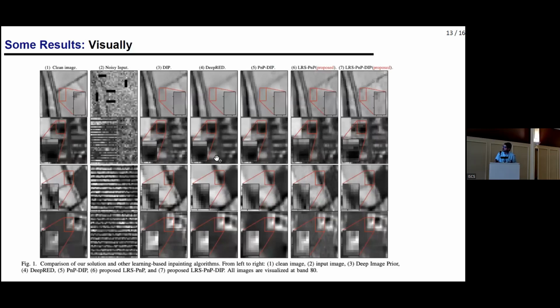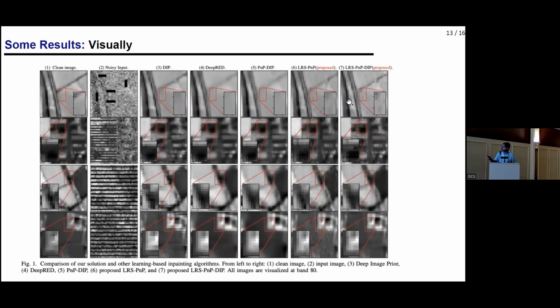So I'm showing you some of the examples here. We compared with some existing techniques like Deep RED, which has been tested for images, and some others. You will see that in some of the results, particularly on the first line, some of the outputs are smoothed out in some of the other algorithms.